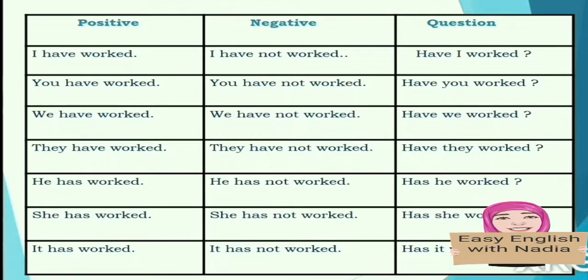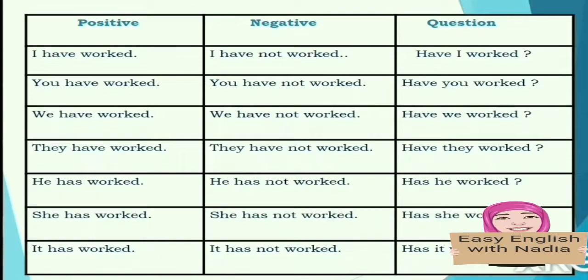Interrogative, have they worked? Positive, he has worked. Negative, he has not worked. Interrogative, has he worked? Positive, she has worked. Negative, she has not worked. Interrogative, has she worked?